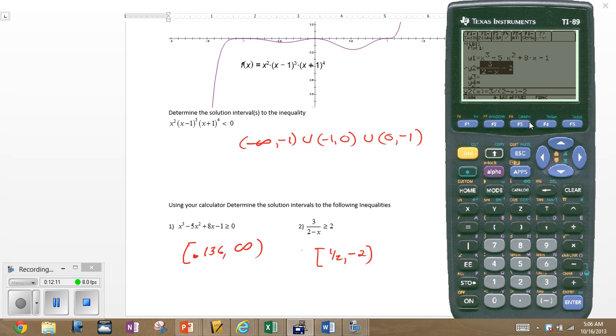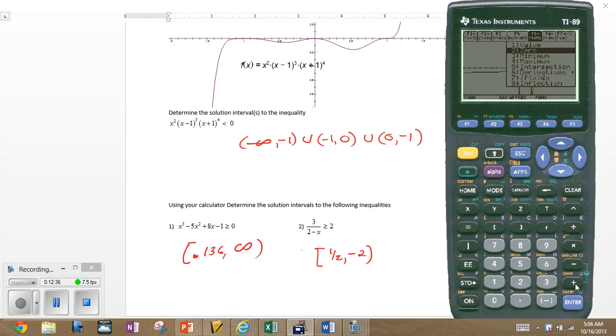Taking a look at the graph, we can see that it's greater than 0 from this intercept on up to this asymptote, which occurs at 2, not -2, mind you, have to make that correction there. So we have to find that point, and that's an F5.